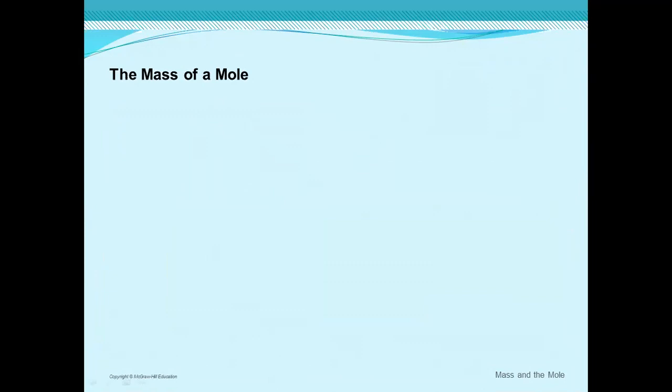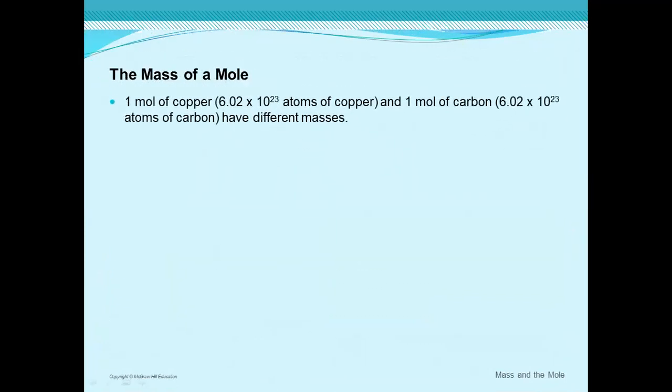This is the mass of a mole. As we said, 1 mole of copper, so 6.02 times 10 to the power 23 atoms of copper, and 1 mole of carbon also has 6.02 times 10 to the power 23 atoms of carbon, have different masses.